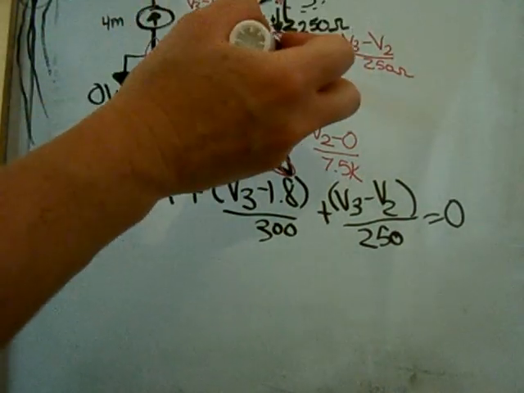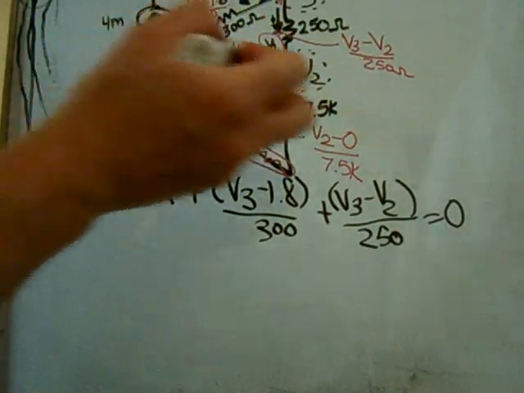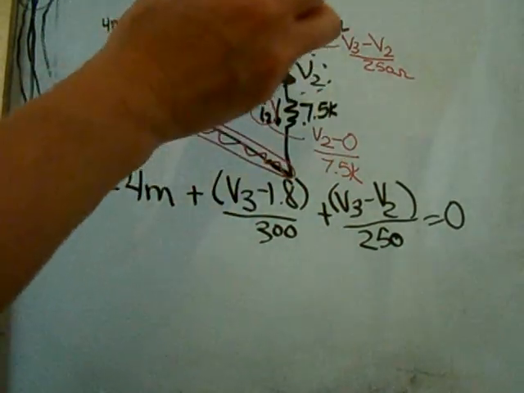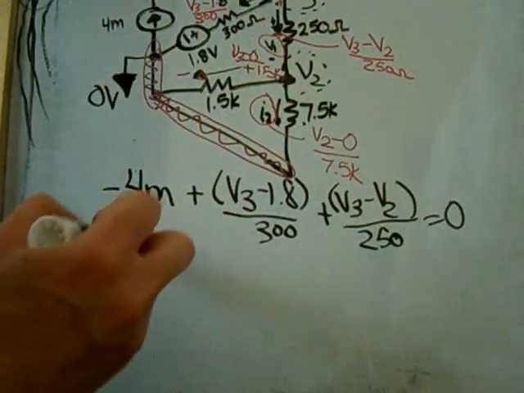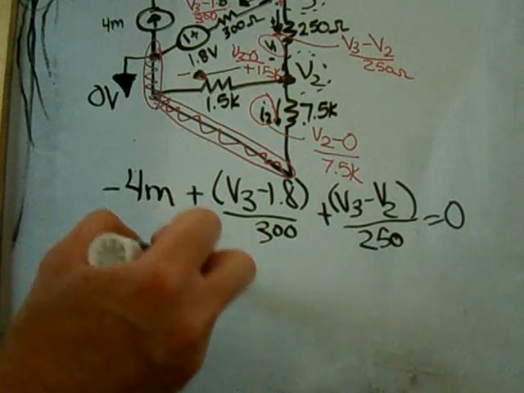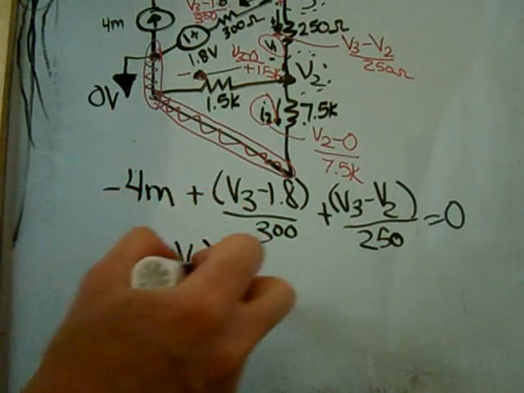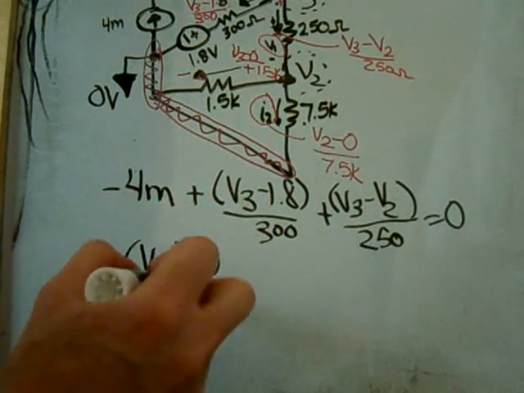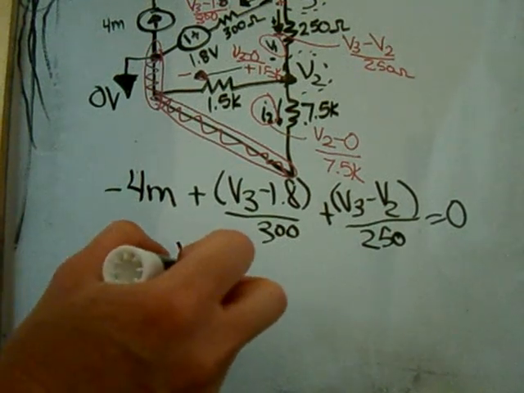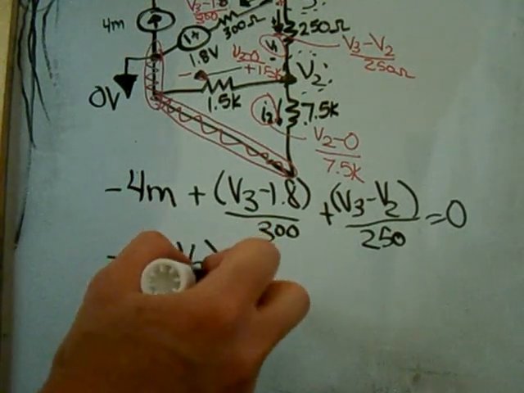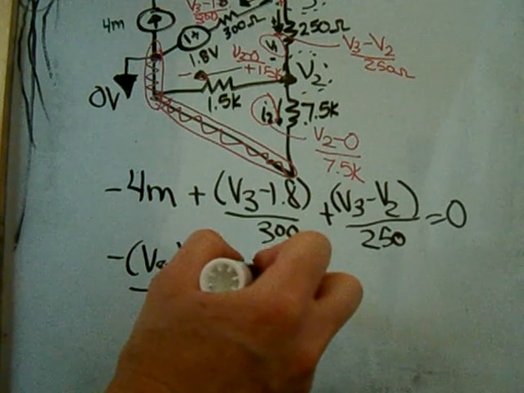Then I'm going to do a current summation here at V2. I have a negative of this current, a positive of this current, and a positive of this current. So I get a negative V3 minus V2 all over 250. And then a plus V2 over 1.5K.